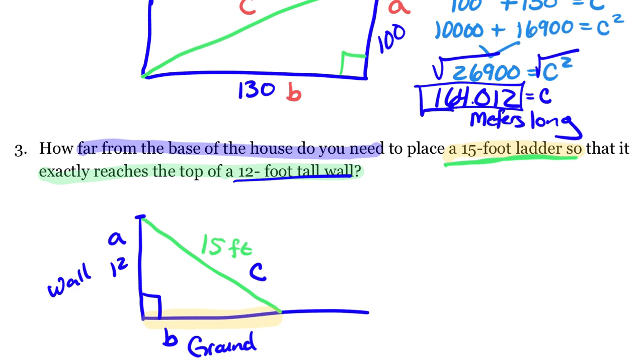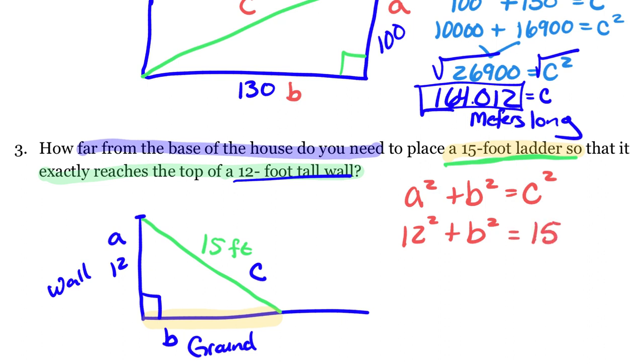So now let's take the information we know and write it out. So I know A squared plus B squared equals C squared. So A, I said, was 12 squared plus B squared is what I don't know, equals 15 squared.